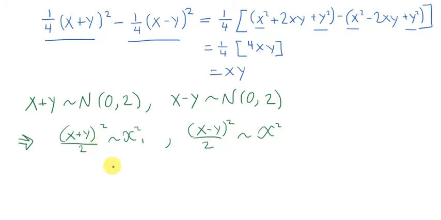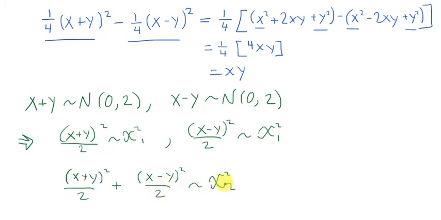Now the sum of two chi-square random variables is itself a chi-square random variable where you add the degrees of freedom together. So (x + y)² over 2 plus (x − y)² over 2 ends up being a chi-square random variable with 2 degrees of freedom.